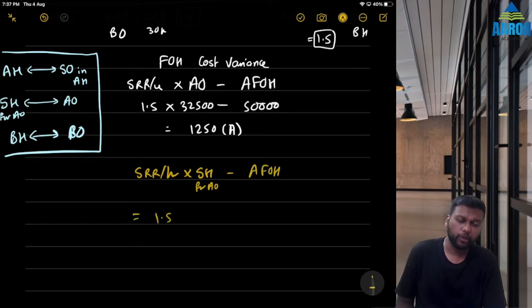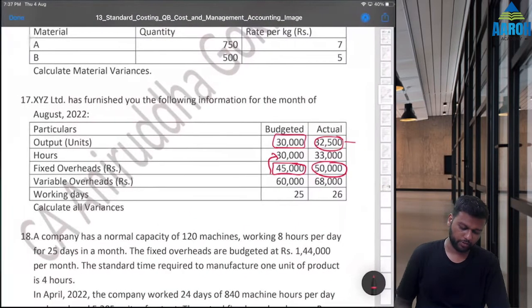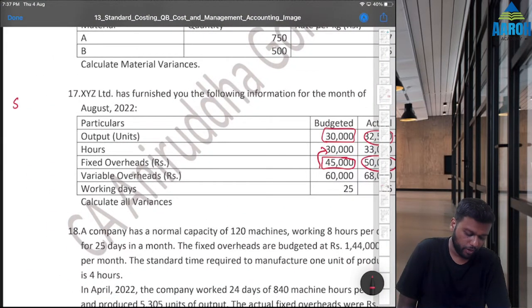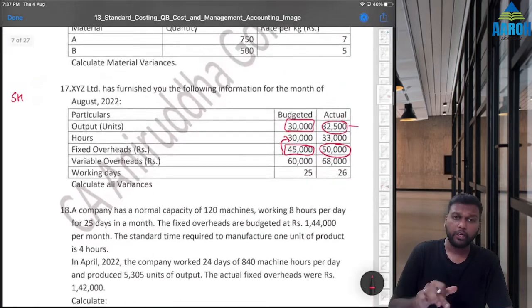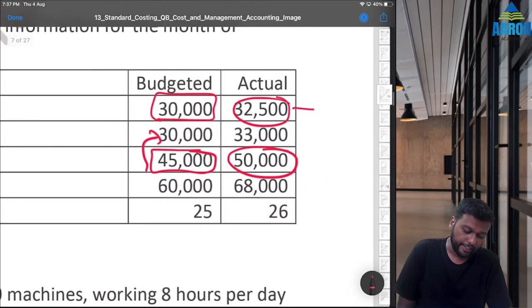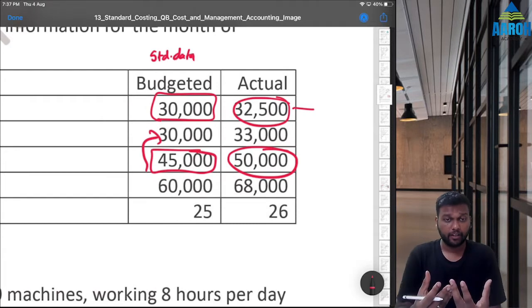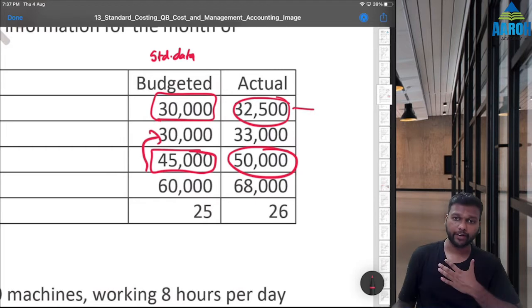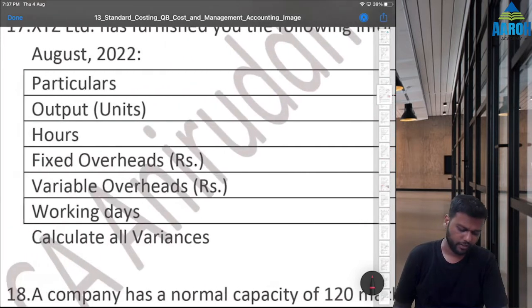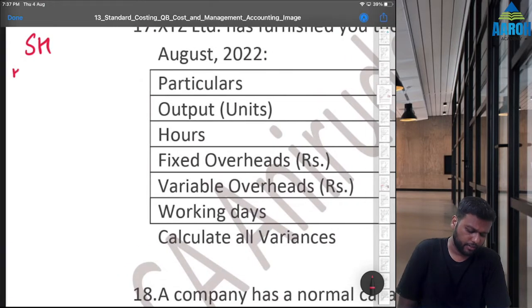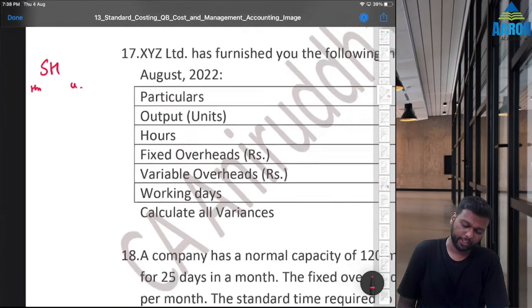SRR per hour is also 1.5 into, let's see what is standard hours for actual output. Let me calculate them here. Very important figure. Standard hours, how to calculate them? Always remember, budget is where we get standard data. Why? Because when we prepare budget, we will obviously prepare it as per our standards, right? What we want. So standard data we can get from budget.